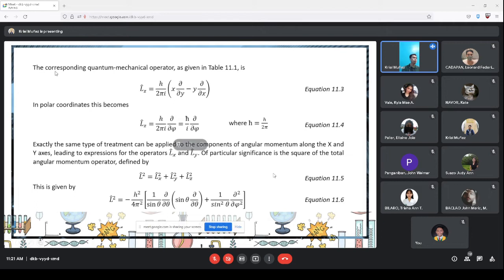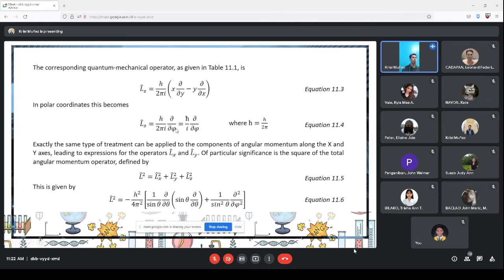The corresponding quantum mechanical operator as given in table 11.1 for the L hat Z, or the angular momentum along the z-axis, is equal to h over 2 pi i times x, and then first derivative with respect to y minus y times first derivative with respect to x. So in polar coordinates, this becomes L sub z, which is equal to h over 2 pi i times the first derivative with respect to phi.